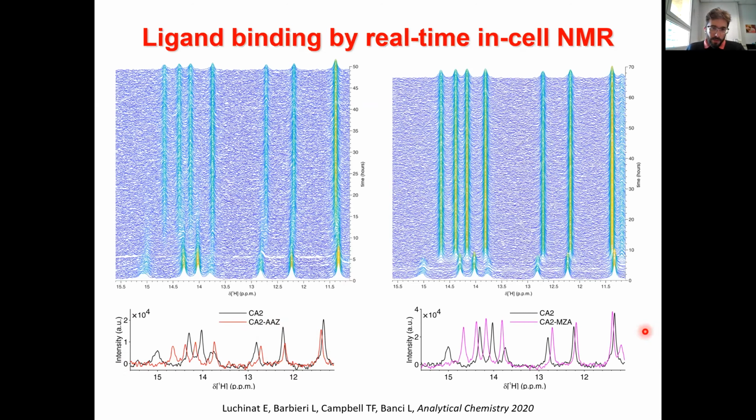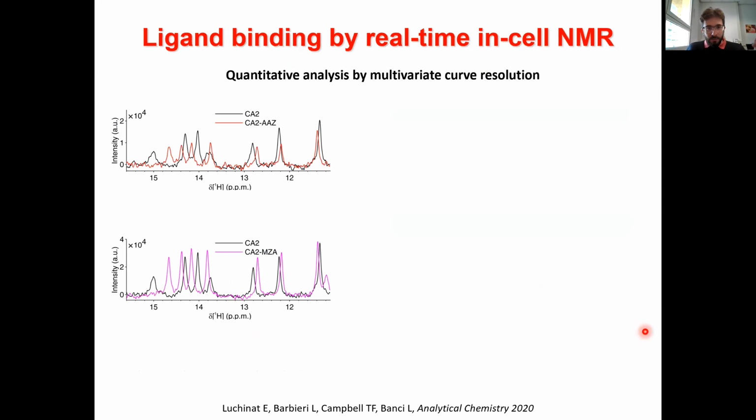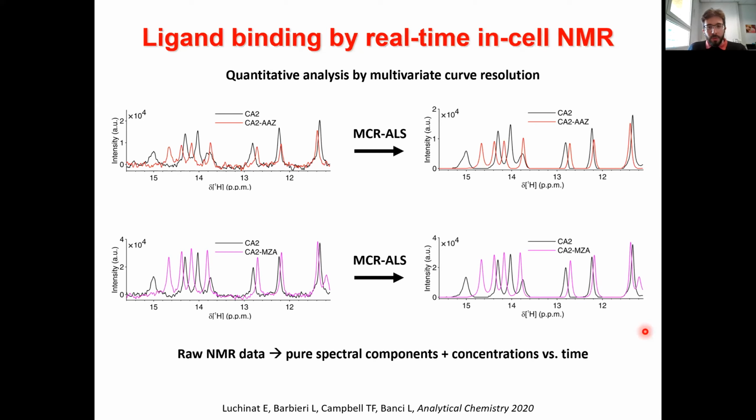Then, to analyze this data in an efficient way, I relied on a multivariate curve resolution alternating least squares fitting algorithm, MCR-ALS, which is implemented in MATLAB as well as in other programming languages, and it's very straightforward to use.